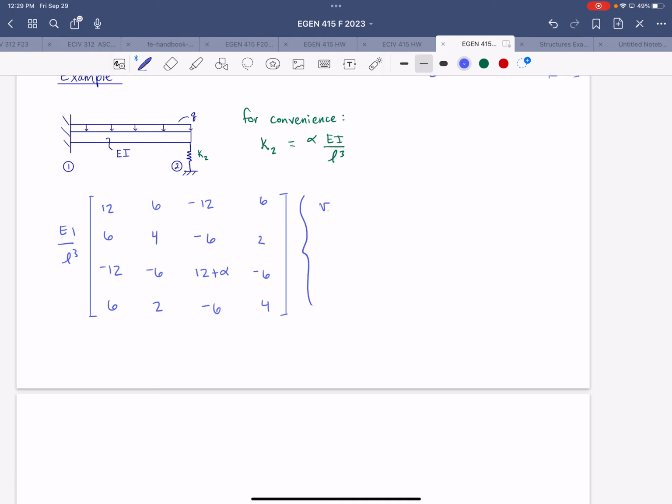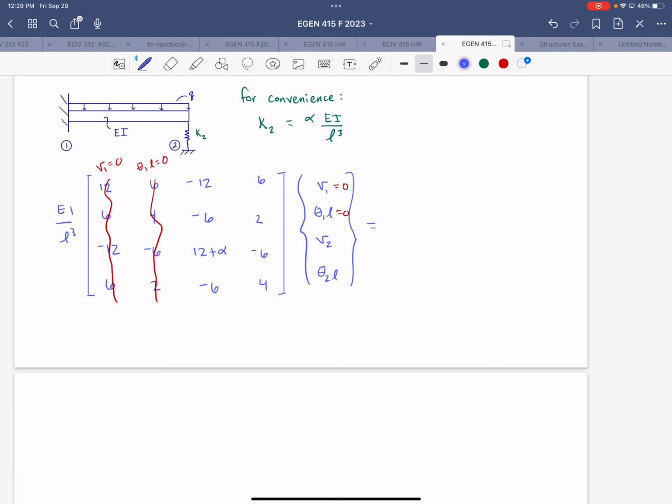All right, and then we have our displacements. Go ahead and apply the boundary conditions, right? With a fixed support at node 1, we know that V1 and theta 1 are 0, right? Since those are associated with the first two columns, we will eliminate them from our analysis.